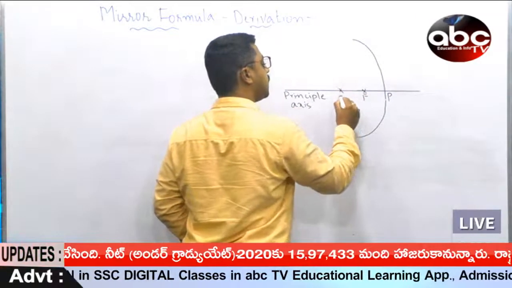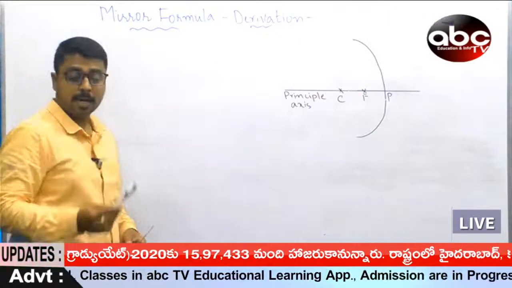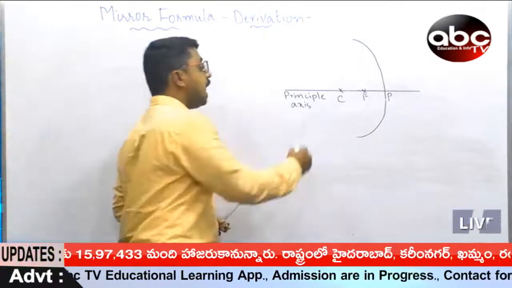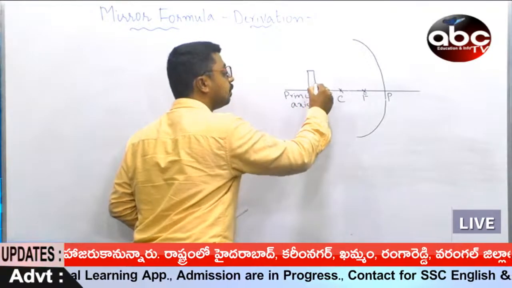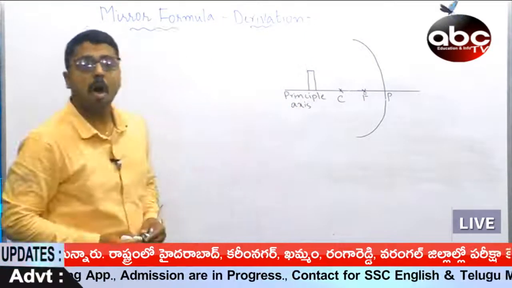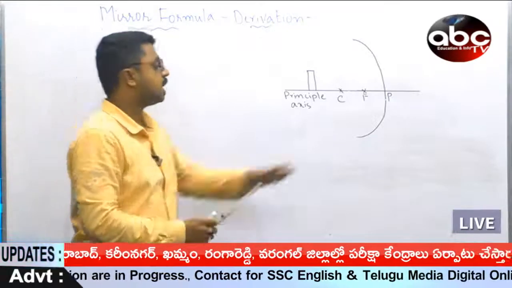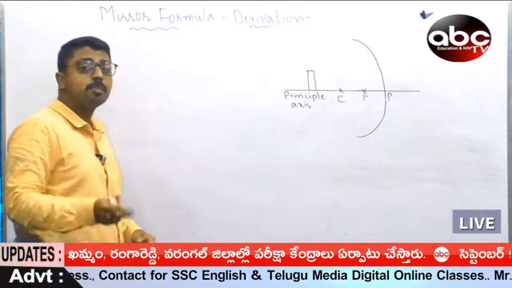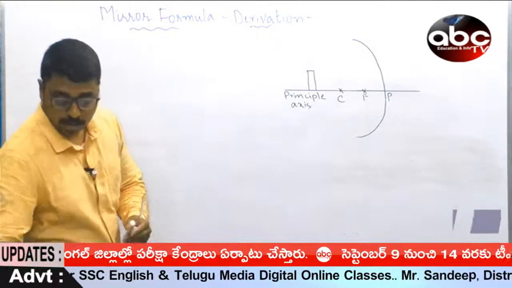Let me take this as a center of curvature. And let us now imagine that. Let us now take an object here. ఒక ఆబ్జెక్ట్ని ఇక్కడ నేను తీసుకోవడం జరుగుతుంది. సో let us plot the rays which are belonging to that.